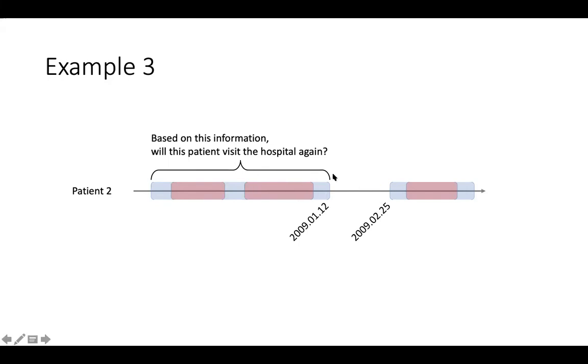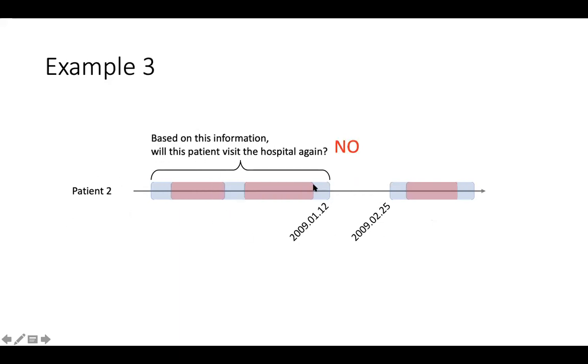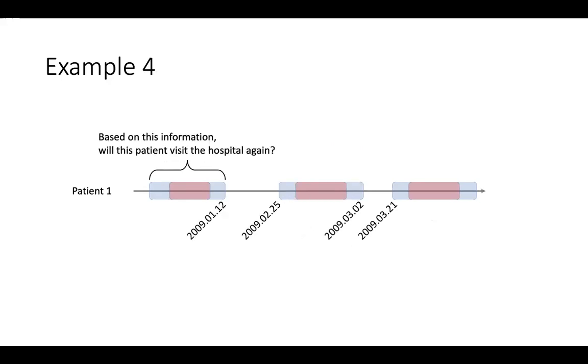What's important for the label is whether this patient ends back up in the hospital, and in this case, February 25th is not within the 30-day time frame. So this case is no, and we should use this information to correctly predict no.